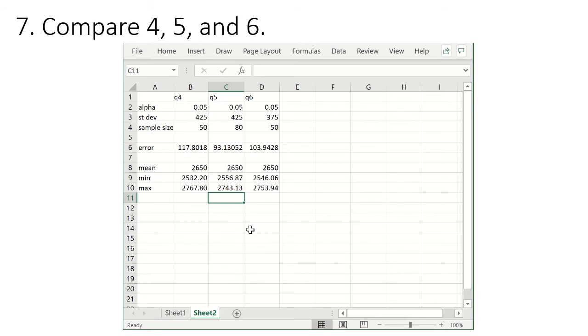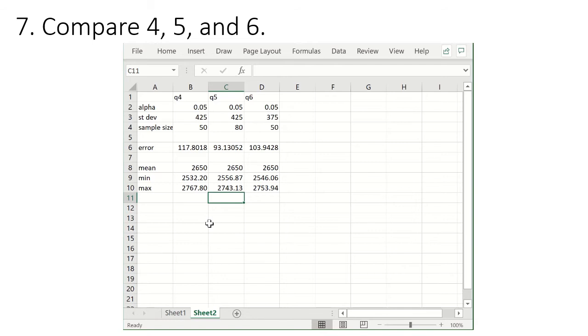So as your sample size gets bigger, your margin of error gets smaller, and therefore your confidence interval gets tighter as well. If you were to plot these numbers on a number line, you would see that the minimum when you had a sample of 50 is lower than the minimum when you had a sample of 80. And the maximum is higher for a sample of 50 than for 80. So it covers a much wider range.